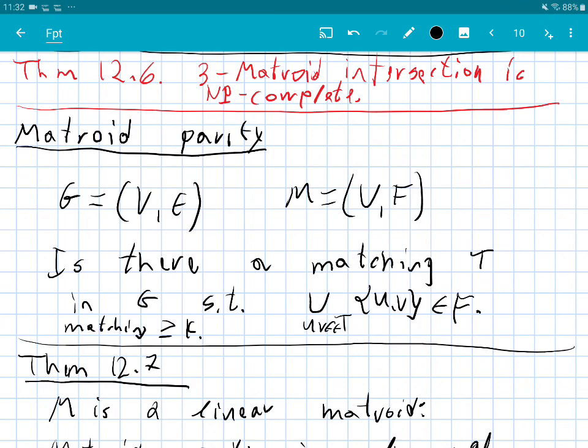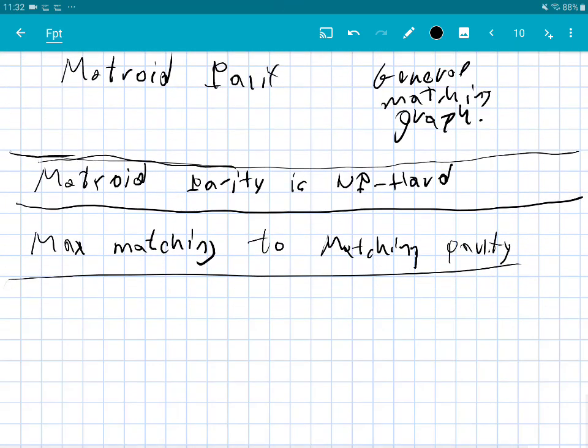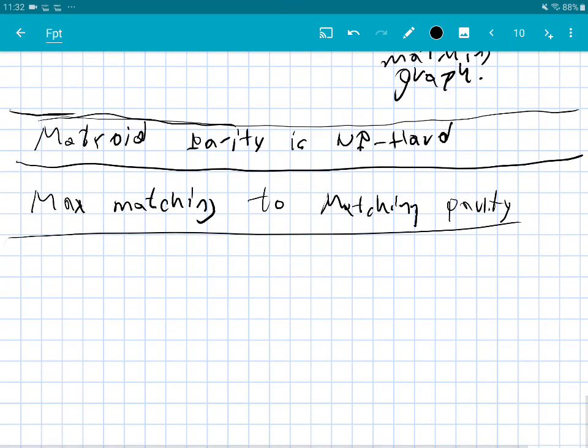I presented it as just maximum matching with the Matroid constraint. So if you remove the Matroid constraint, you're just going to get maximum matching. Okay, so that's good. Let's see. What do we want to say next?